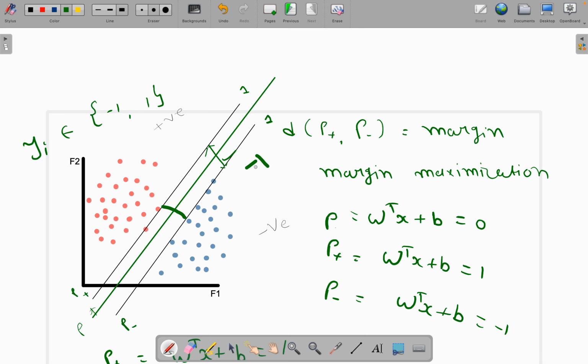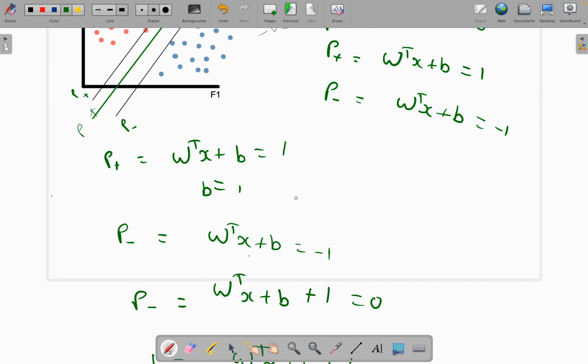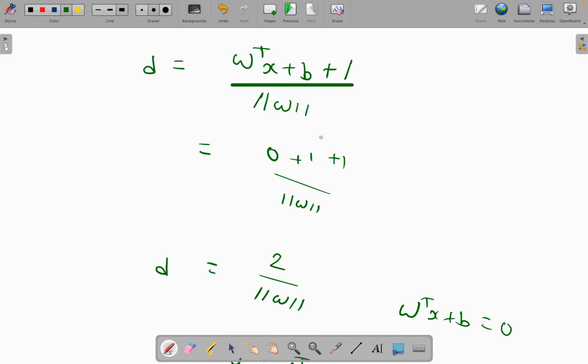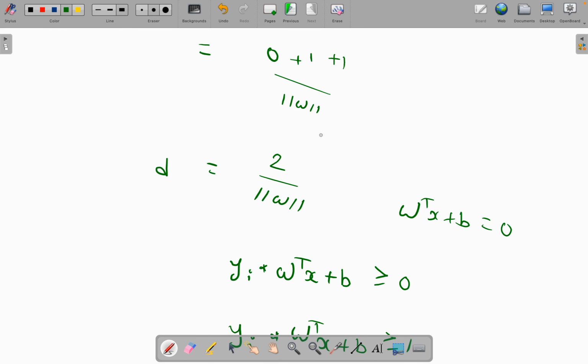In this case minus greater or equal 1, in this case positive greater or equal 1. But we are multiplying it with yi, then it would be greater or equal 1, right? For simplicity we took 1 here, but you can put any number. If you put, let's say, W transpose X plus B is equal to k, then you will end up with this equation, norm of W, right? You need to maximize this.